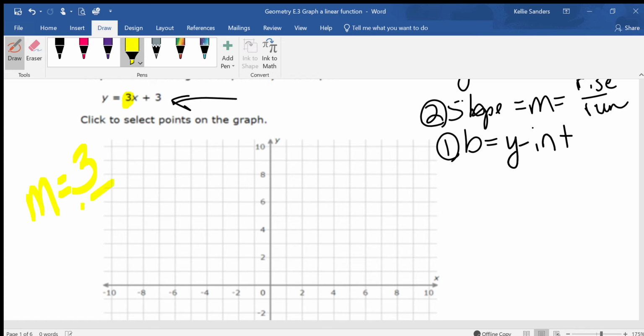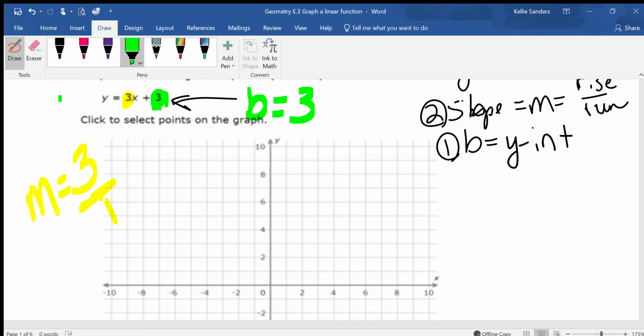So if you don't have a fraction, you're going to put it over 1. So your rise is 3 and your run is 1. And your b is 3, and that means where you're going to cross the y-axis. Remember, you're going to do the b first and then the m.